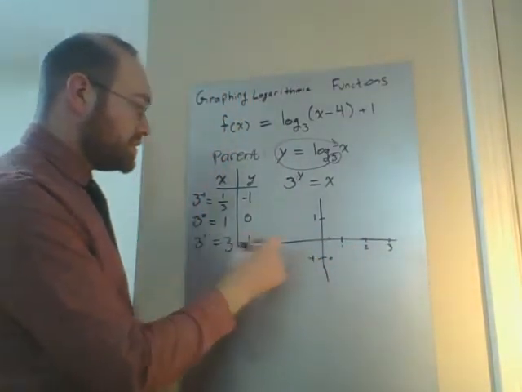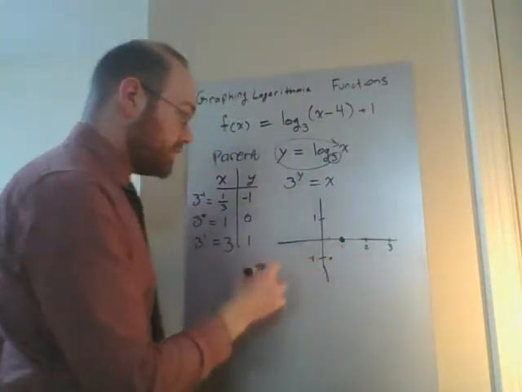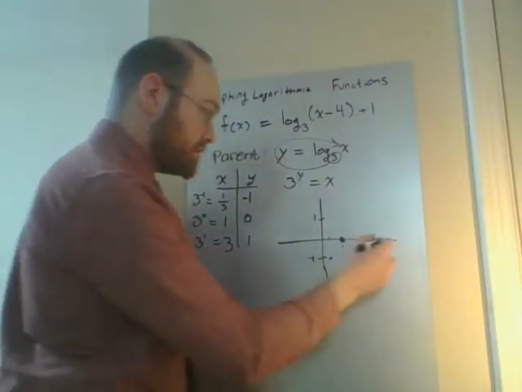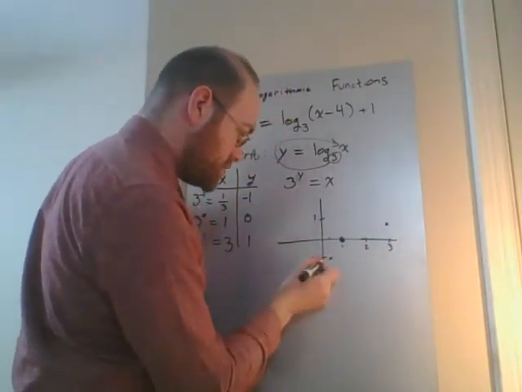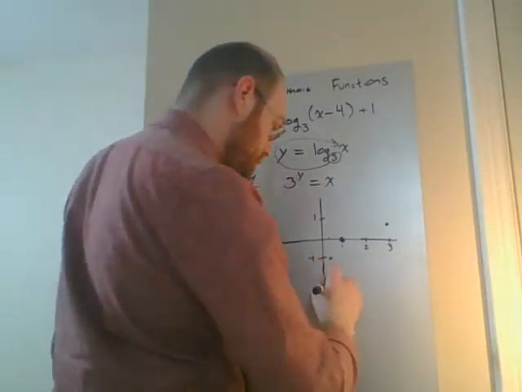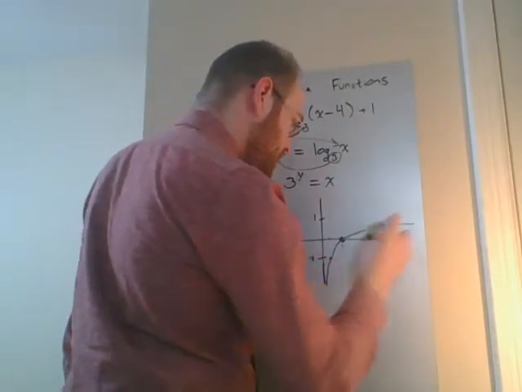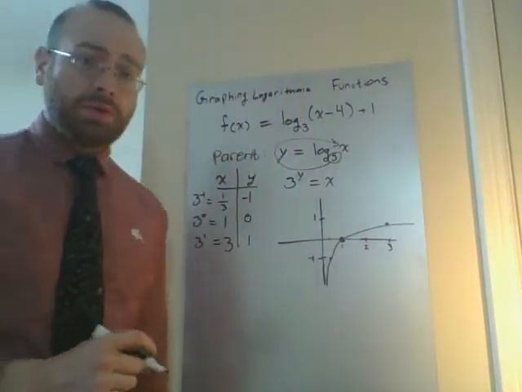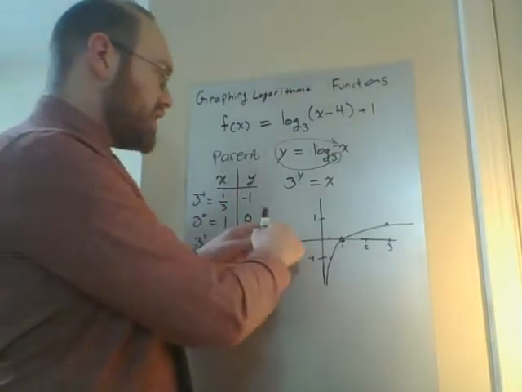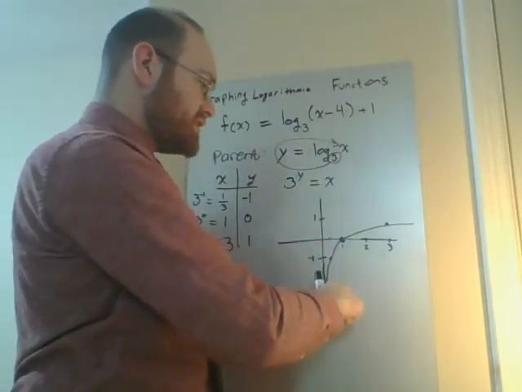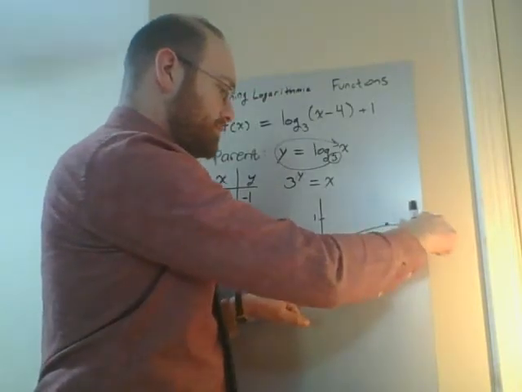Then 1 stays at 0. And 3 goes up to 1. That should be a little bit straighter. So now I can draw in my curve. And this looks very similar to an exponential curve, except rather than increasing upwards, it's increasing and getting flatter.